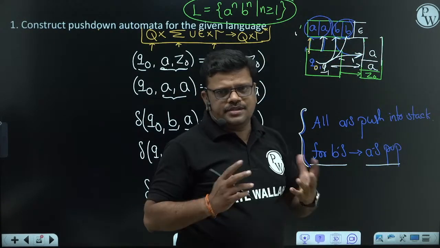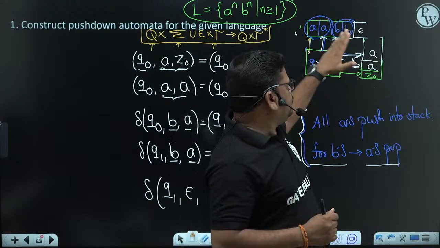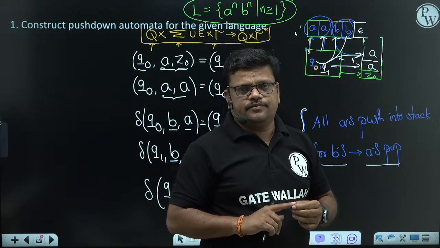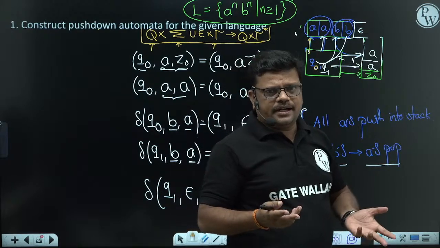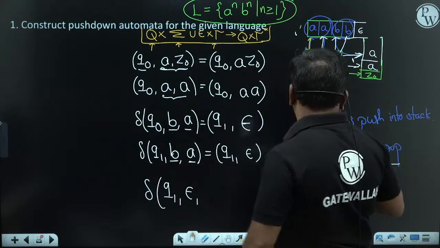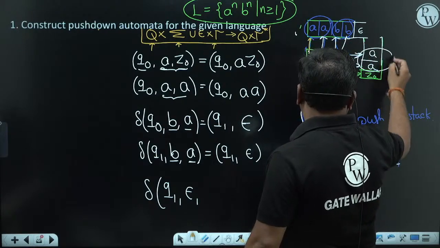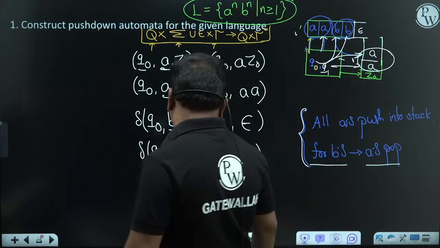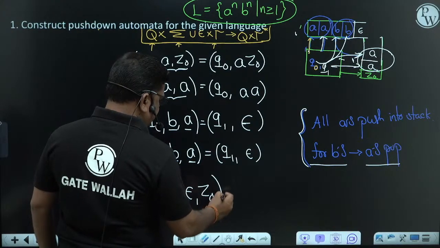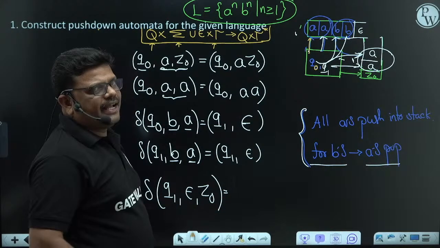Tell me logically, whenever in the input B's are ended, what is remaining in the stack? Definitely Z0. So for 1B, 1A pop out, all these A's are also popped out from the stack. So whenever B's are ended, Z0. Then acceptance.